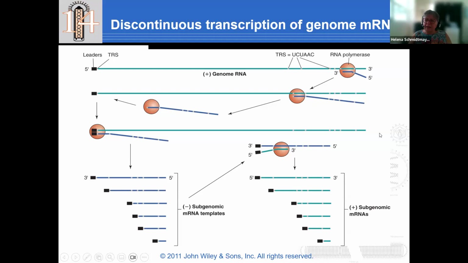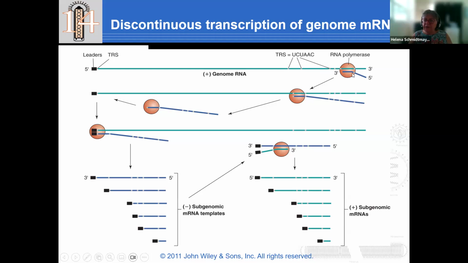So when the RNA-dependent RNA polymerase attaches to the 3' end of the genomic RNA and starts to transcribe, it comes to the 5' end of the gene encoding a structural protein, comes to this TRS, and it slows down, and often it falls off the template RNA.